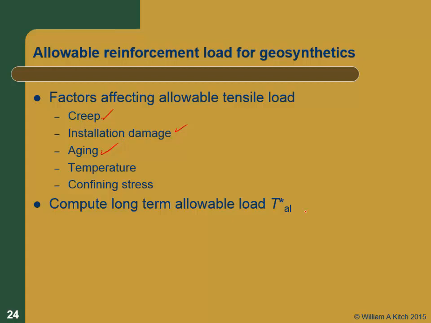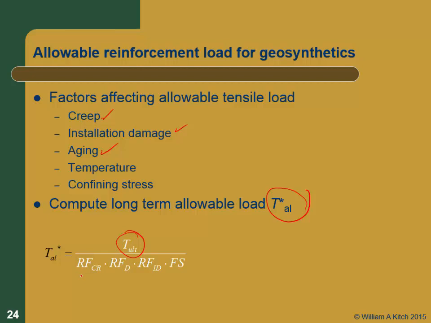So what we compute is a T star AL, which is a long-term allowable load in the geogrid. We basically do this by factoring down the ultimate capacity, and I'll show you how we test that in just a minute, by a whole bunch of factors of safety.